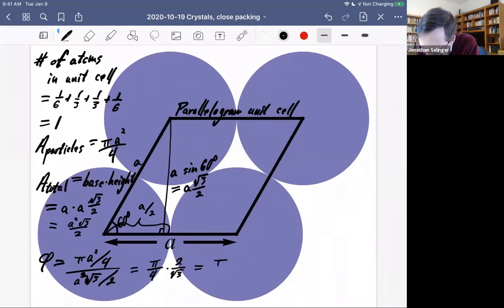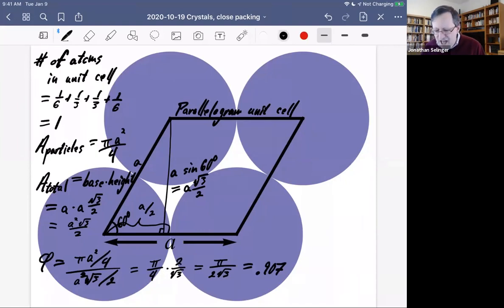So it's pi over 2 root 3, if I got that right. Yes, okay. So this is 0.907. Ooh, this is better, right?